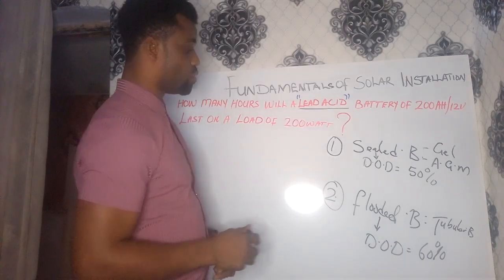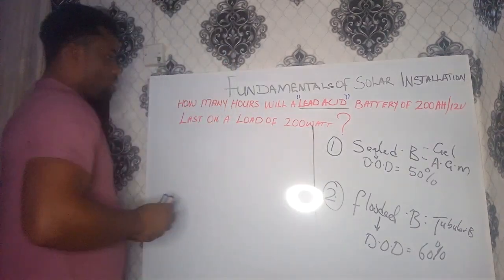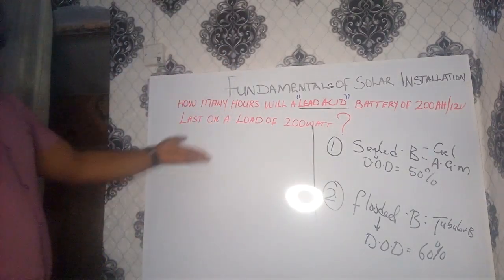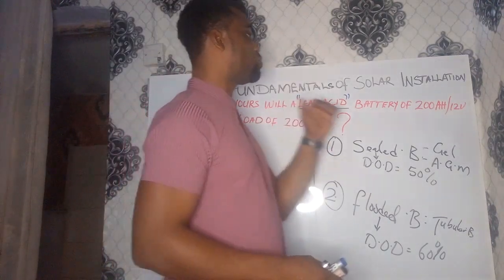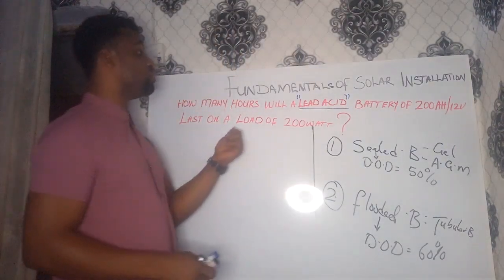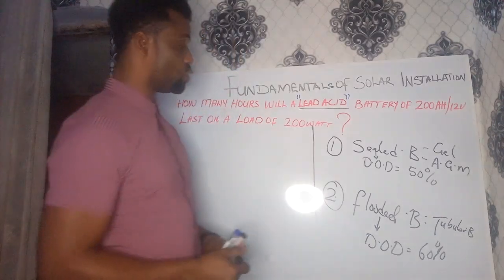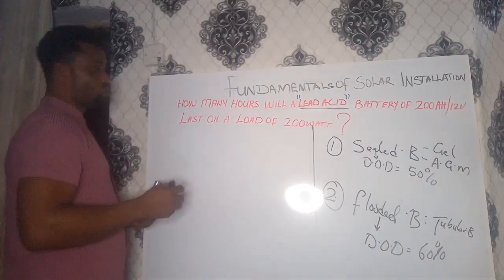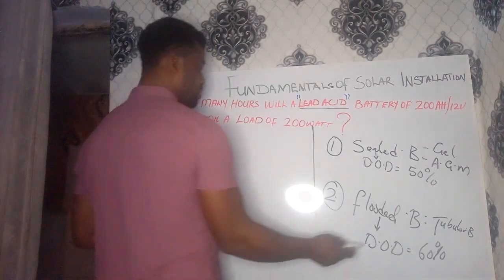Alright, so back to our question now. If you are asked how many hours will a lead acid battery of 200 amps hour 12 volts last on a load of 200 watts, this is how to go about it. First, let's answer using 50% and then 60%.